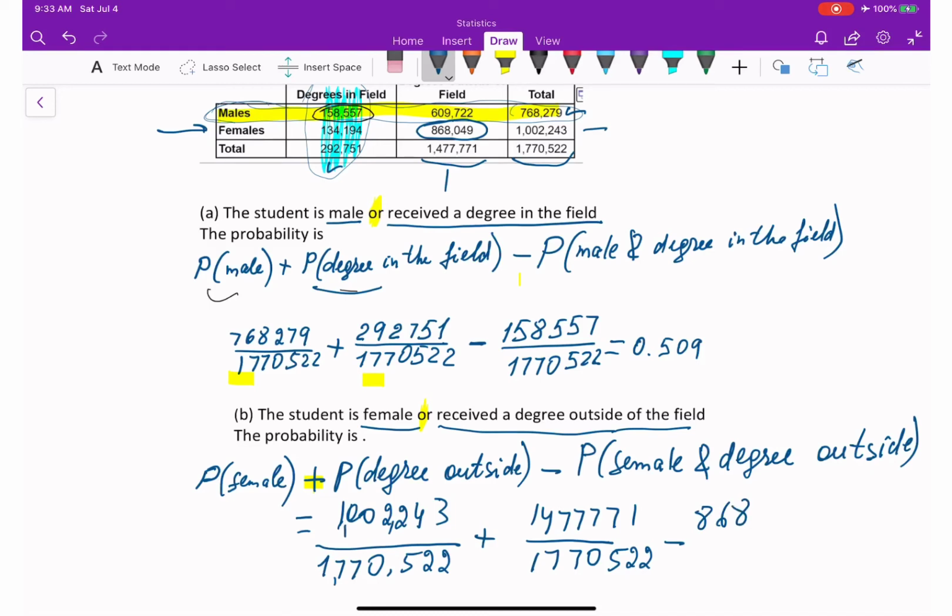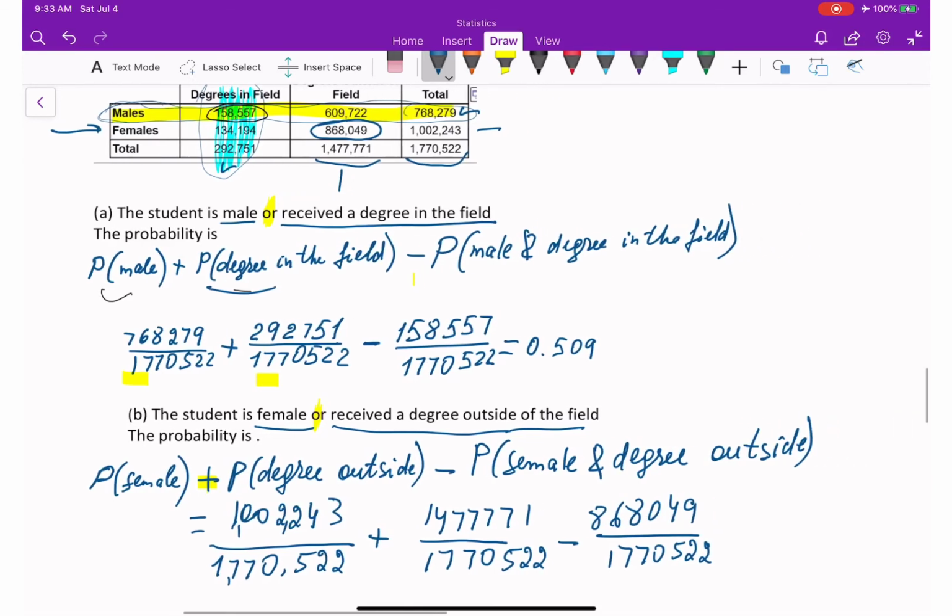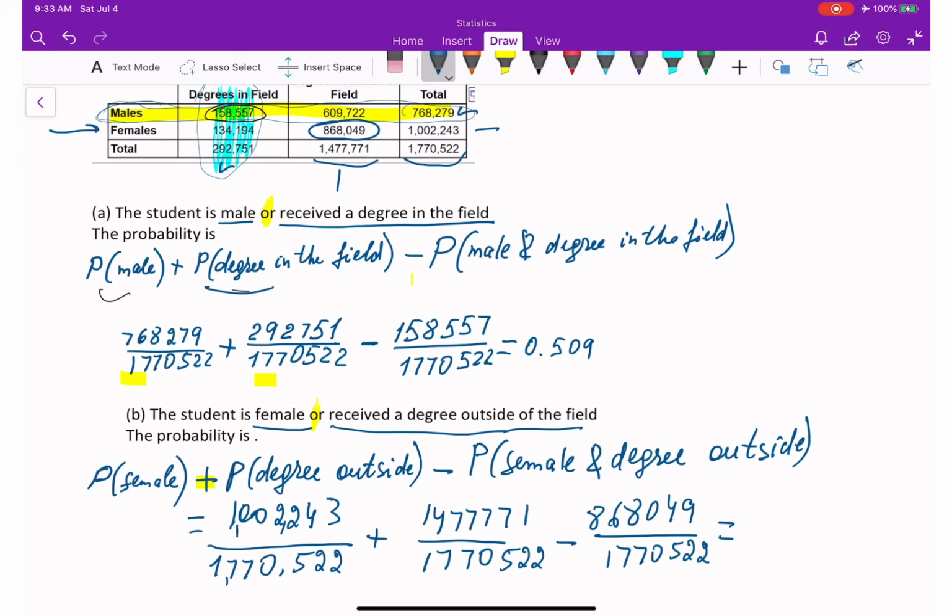We are eliminating the duplicate this way. Okay, and that is going to be equal 0.91.